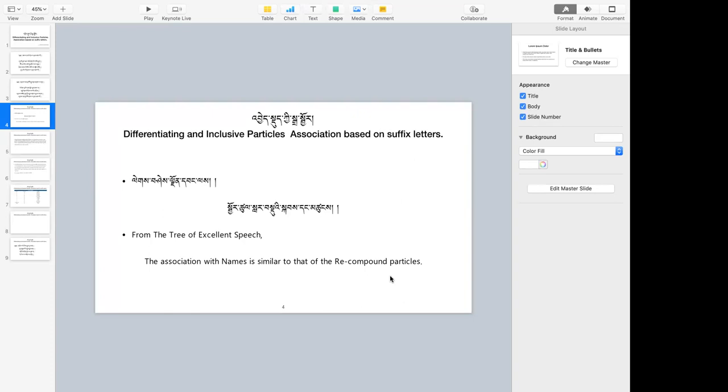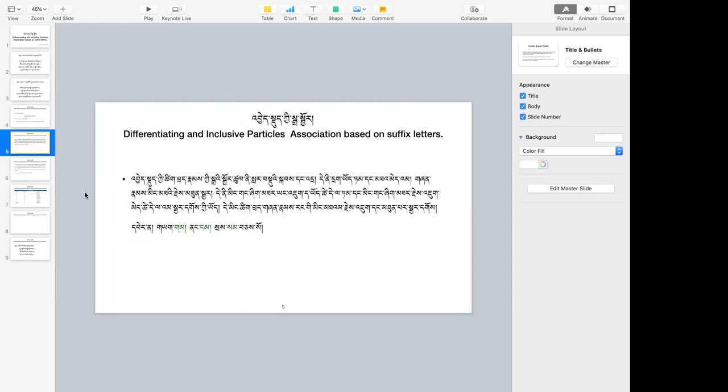We understand this to this point. We already established this. So the third line talks about the association of the particle based on the suffix letters, and the rules that we have at this moment towards the association are similar to those of the recompound particles.